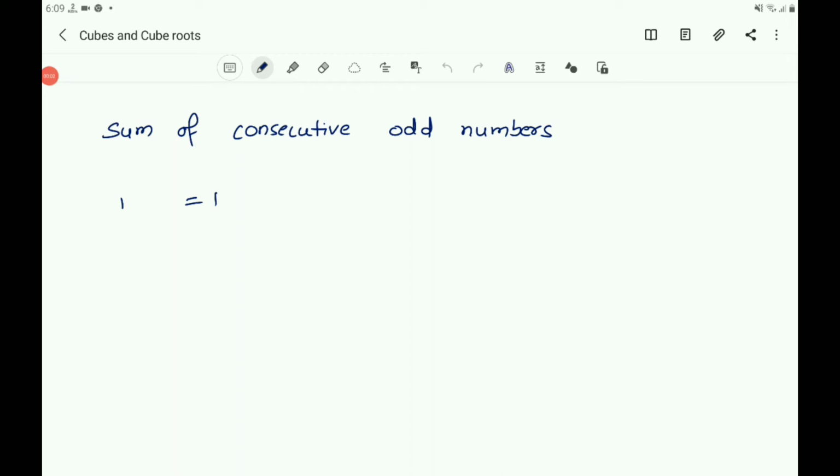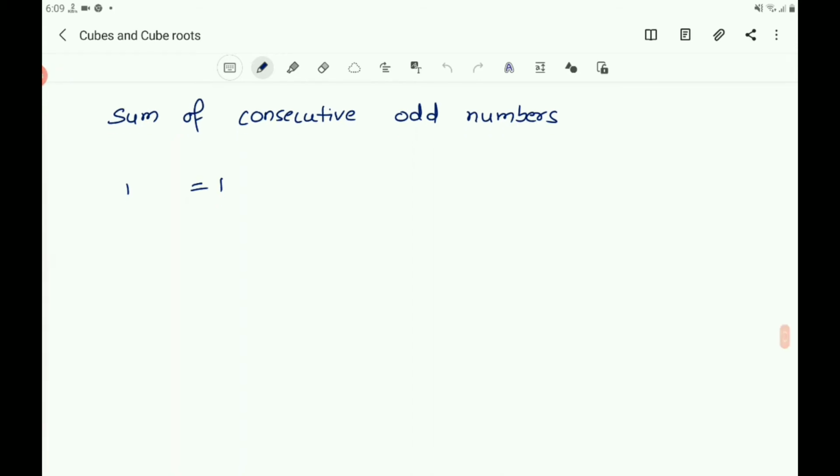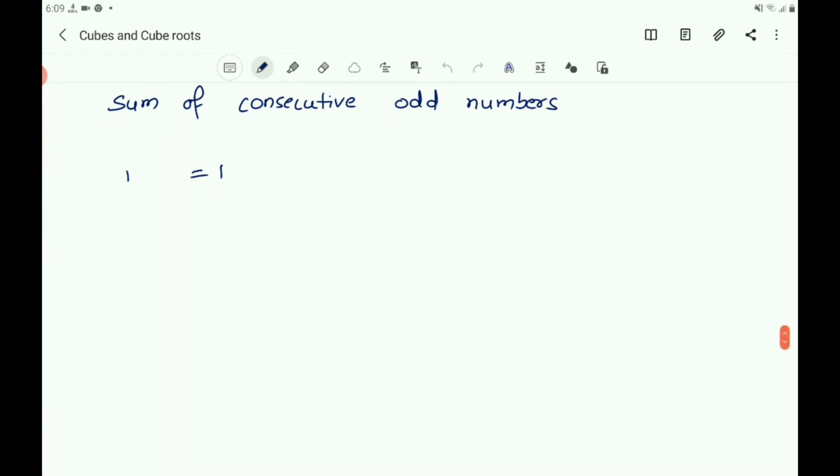Now you observe the sum of consecutive odd numbers. You know that 1 equals 1, that is 1 cube. Next odd numbers are 3 and 5. You write 3 plus 5, and you will get 8, that equals 2 cube.